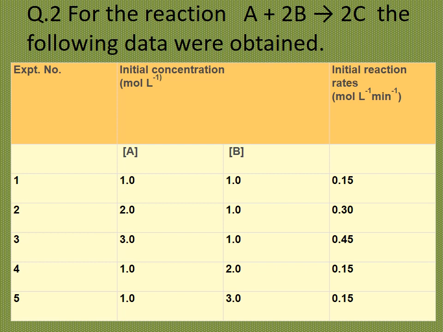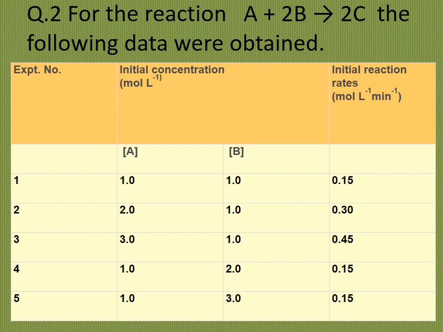And in experiment number 3, initial concentration for A is 3 and B is 1, and initial reaction rate is 0.45. In experiment number 4, the value of A is 1 and B is 2, and initial reaction rate is 0.15.